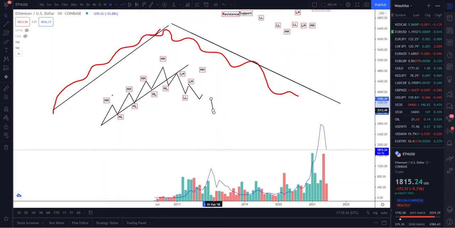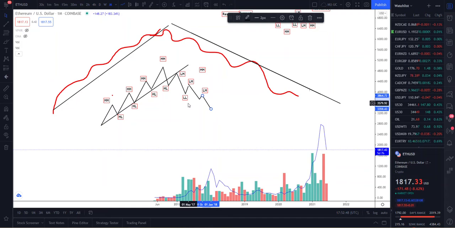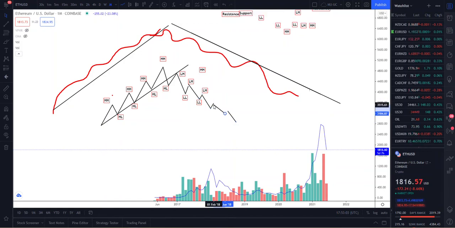Lower low, another lower high, and then this is another lower low, another lower high, until the trend changes again.